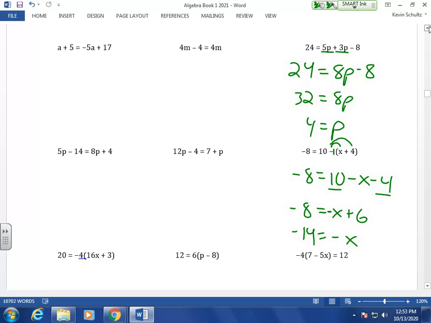Lily? Negative 1. Okay? Negative 1x. So our final step would be to divide both sides by negative 1, get x by itself, and it turns out that we have a positive 14 equals x. Positive 14. Okay? Questions on that one?